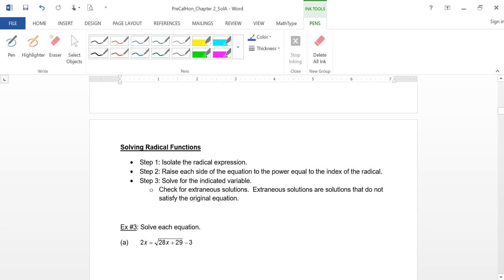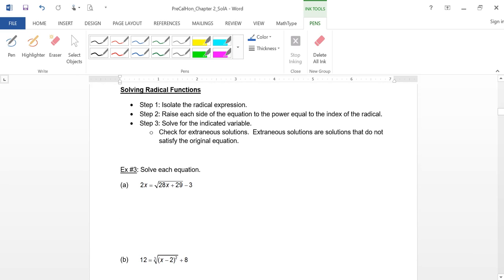Now, solving radical equations. To solve radical expressions, first we would like to isolate the radical expression. It means make sure it's alone on one side. Raise each side of the equation to the power equal to the index. Okay?